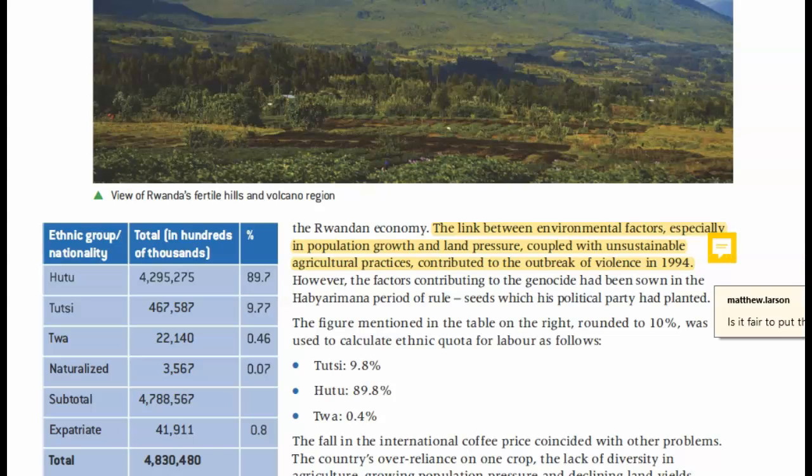So there is a real connection between the economic factors in the country. People don't have a lot of money, caused by the environmental factors of the coffee crop. If you have any problem going on in the country, economically speaking, people have no money, and this is largely caused by environmental issues. And this is going to lead to violence.